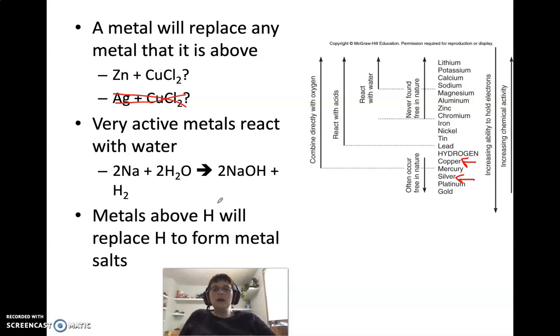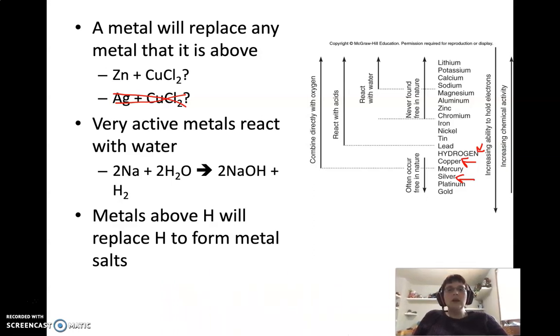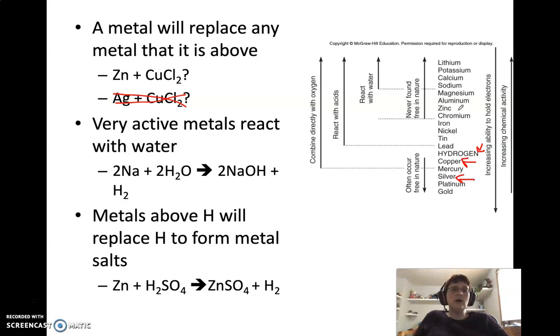The last one to point out is the hydrogen. So you see that hydrogen is here. So in this case, hydrogen does act like a metal for these replacement reactions. And so metals above hydrogen will replace hydrogen to form metal salts. So for example, zinc is higher up on the chart than hydrogen.